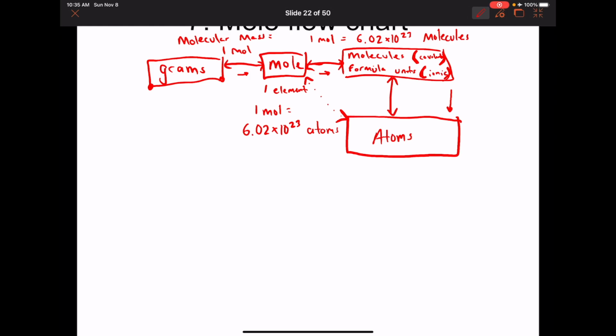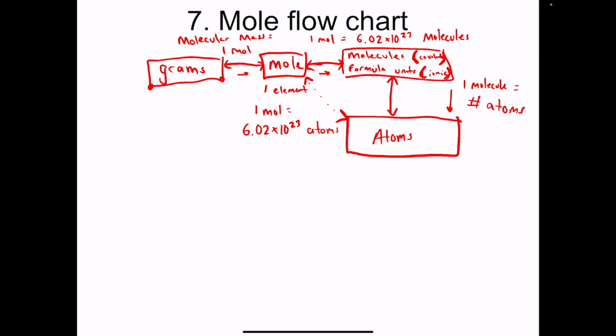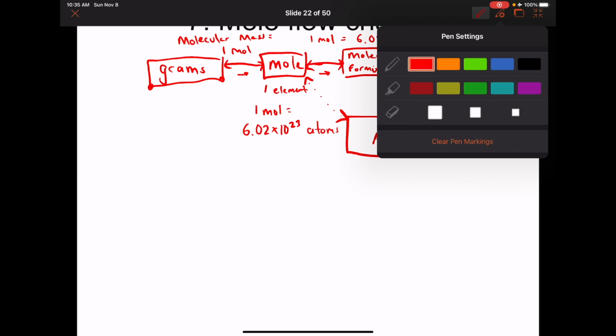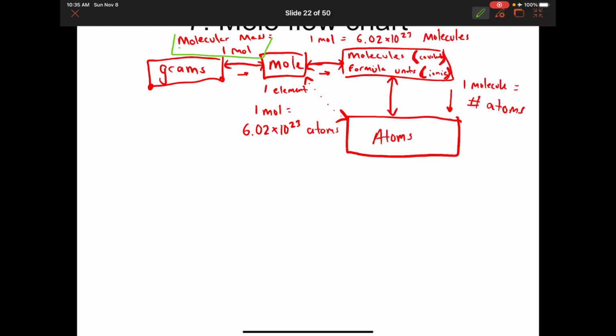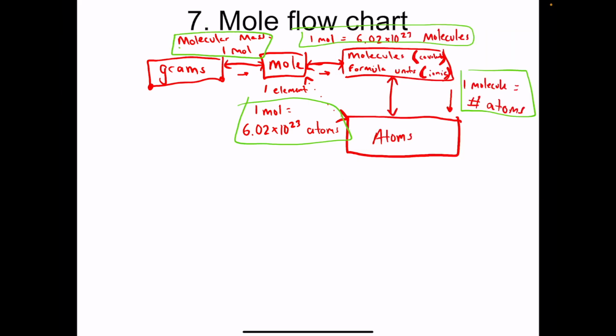All right, to go from molecules to atoms, you would say 1 molecule equals however many atoms is in that molecule. And to go backwards, you would do pretty much the same thing. So you would just use these conversion factors to go back and forth, and the conversion factors are going to be circled in green. So that's kind of the mole flow chart.